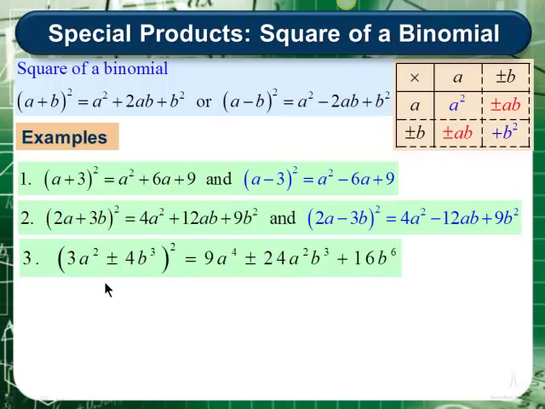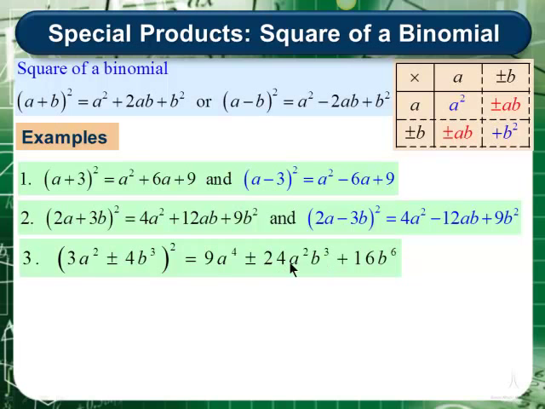We can see exactly the same in example number 3 in this case. If we are given 3a squared plus or minus 4b to the power 3, and we square all of this, according to our square of a binomial structure, we have to square the first term, which is 9a to the power 4, and square the second term of the binomial in the bracket, which is 16b to the power 6, just check that, applying our exponent rules.